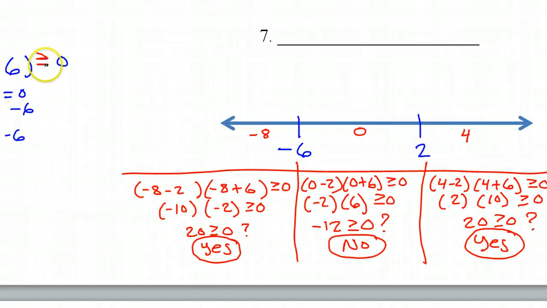The fact that it's or equal to is a big hint that this is going to be a closed circle. So we'll have closed circles at the x-intercepts, and we will draw arrows like this to show that we have solutions here and we have solutions here. And we'll just leave this empty to show that we don't have solutions in this area. That was a no. Alright, so there's your graph.